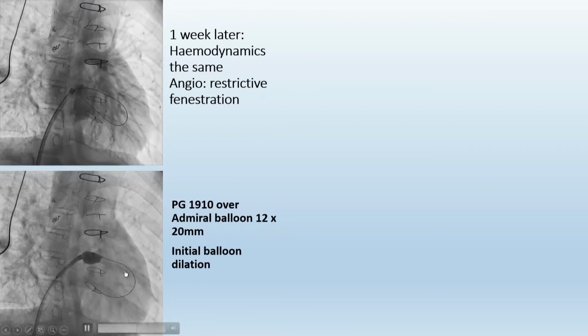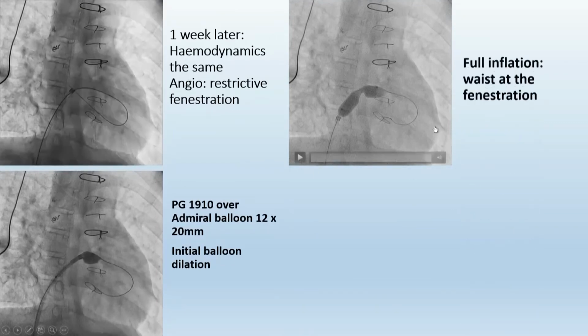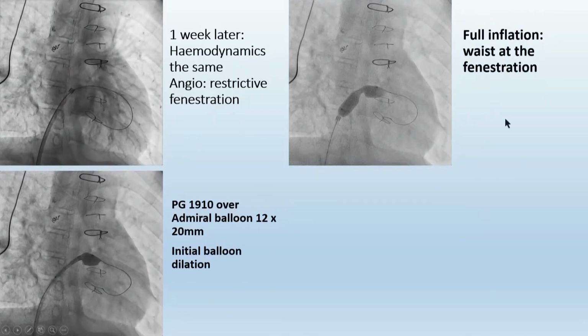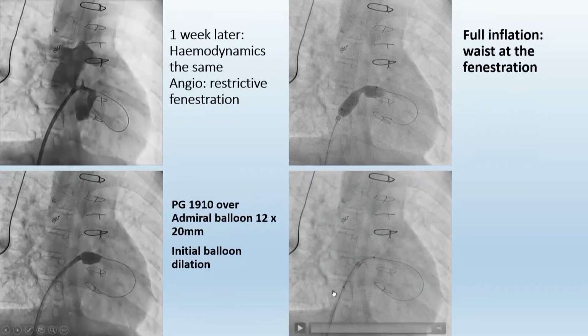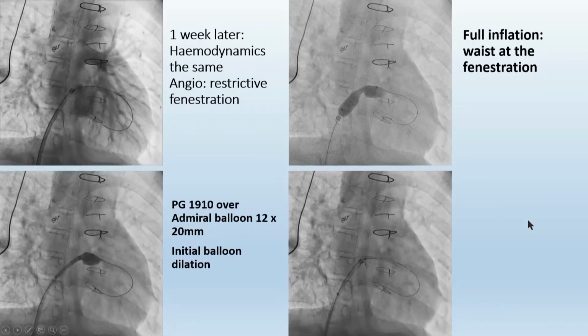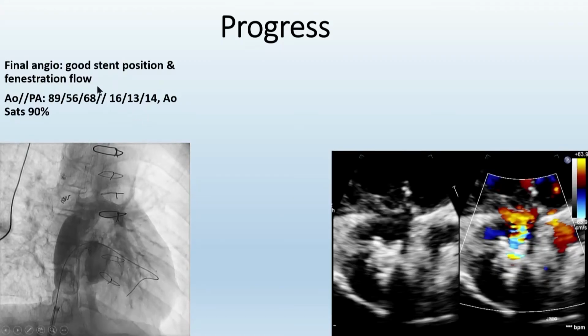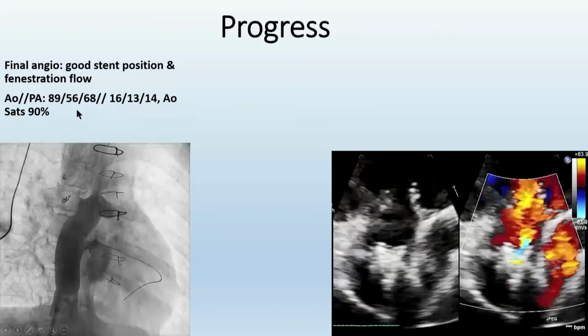This is the initial dilatation, the intended procedure that I highlighted in the previous slide. So you have a very good stent full inflation, and you see the waist open at the fenestration as well. And this is the retrieval of the balloon after the inflation. And then you have the final angiogram. It shows a very good stent position and also the fenestration flow.